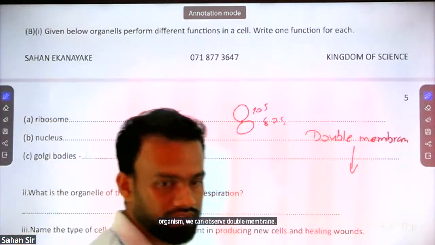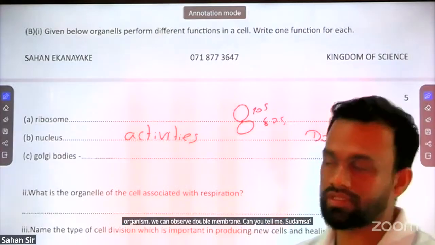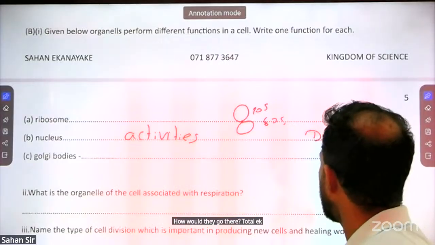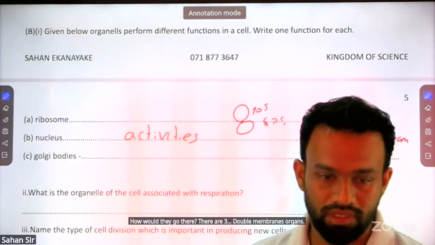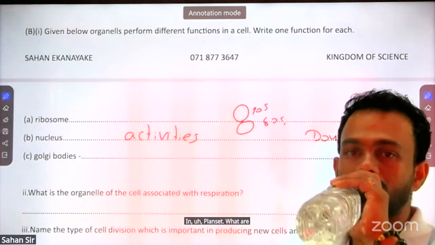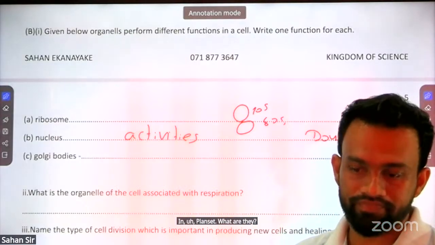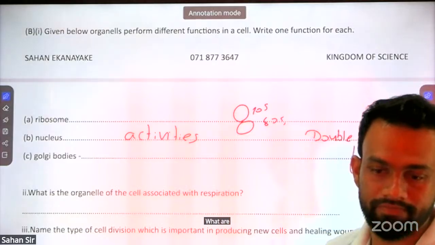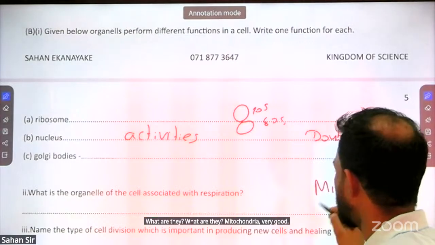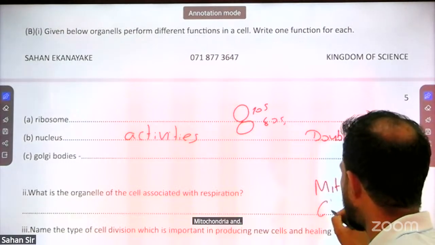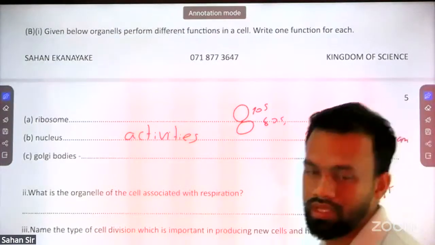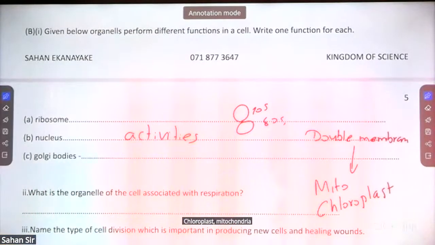There are a total of 3 double membrane organelles in a plant cell. What are they? Mitochondria, very good. Mitochondria and chloroplast, very good.